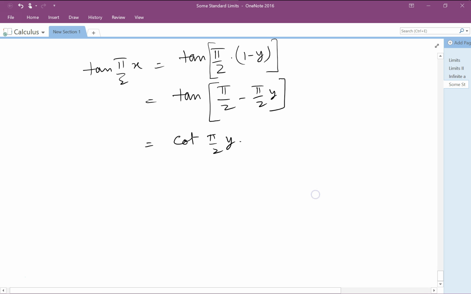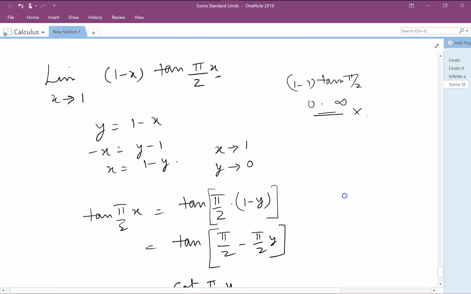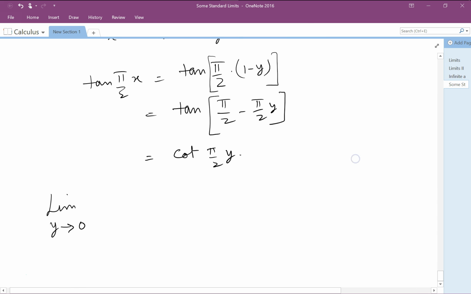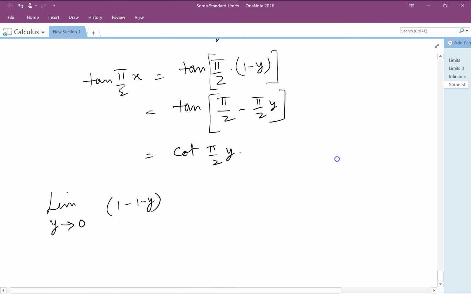Okay, so now we have got our limit statement as y approaches 0, 1 minus x, actually. So 1 minus x is y. Yes, and the second part is tan pi by 2 x. So that is replaced by cot pi by 2 y.